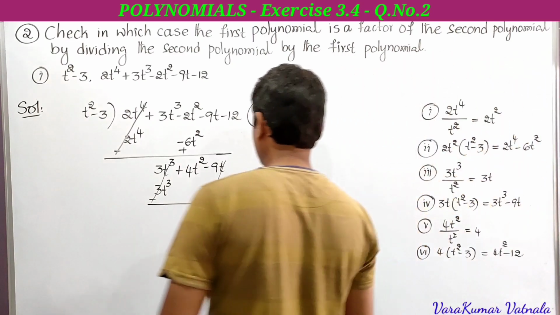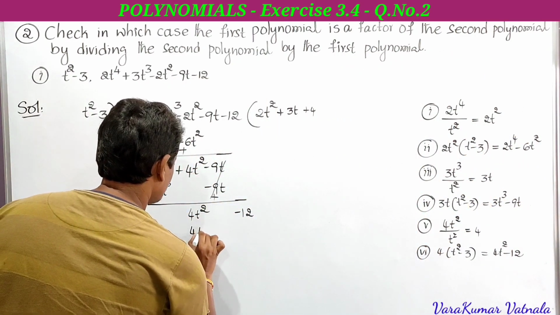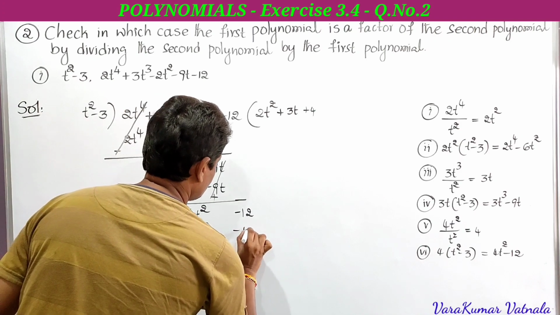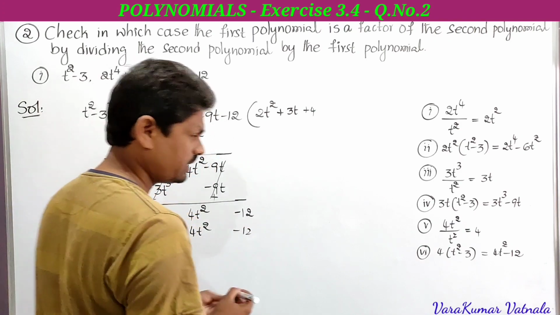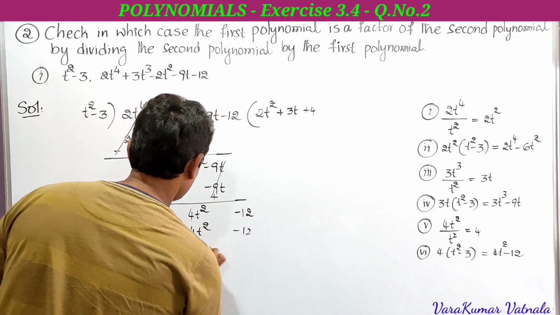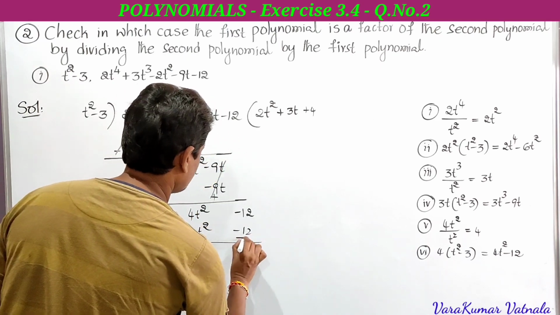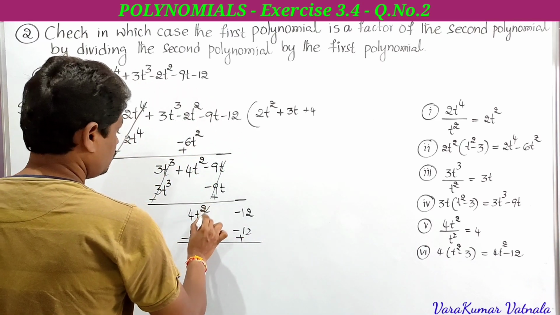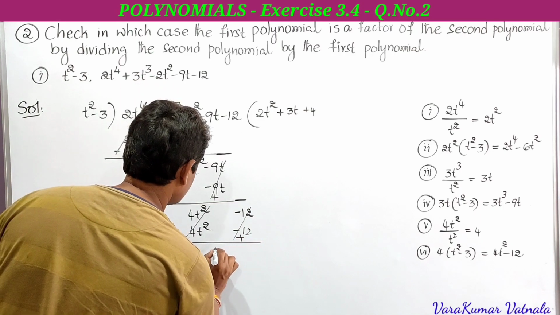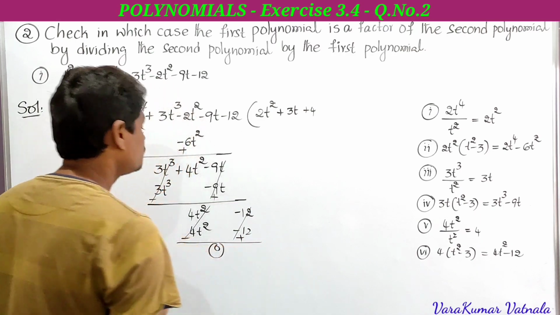So write here 4t square and minus 12. Subtract here, it becomes minus, it becomes plus. So these two get cancelled, these two get cancelled, and we get a remainder 0.